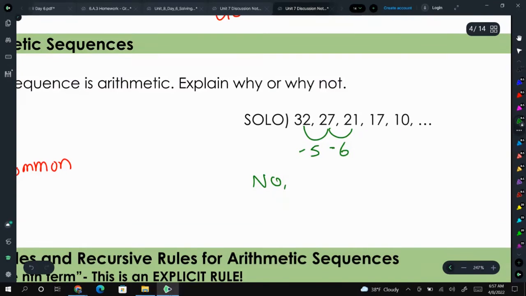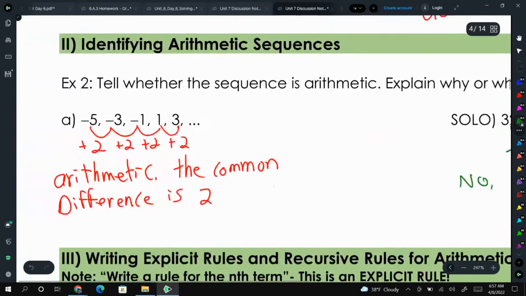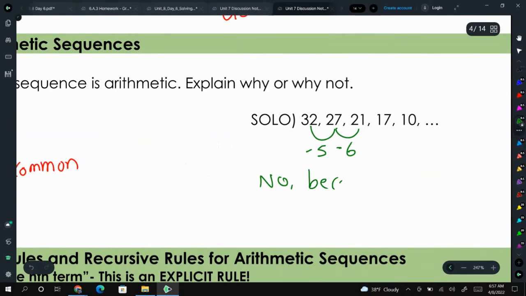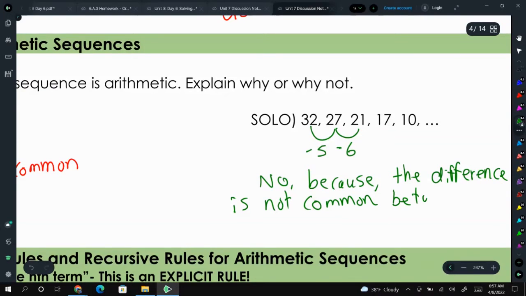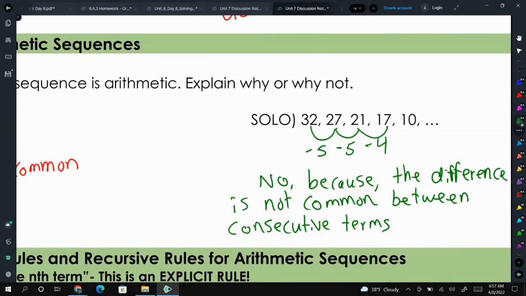So no, because the difference is not common between consecutive terms. Now, let's say this was minus 5, but then this one was minus 4. It still would not be arithmetic because it has to be the same difference for all of them.